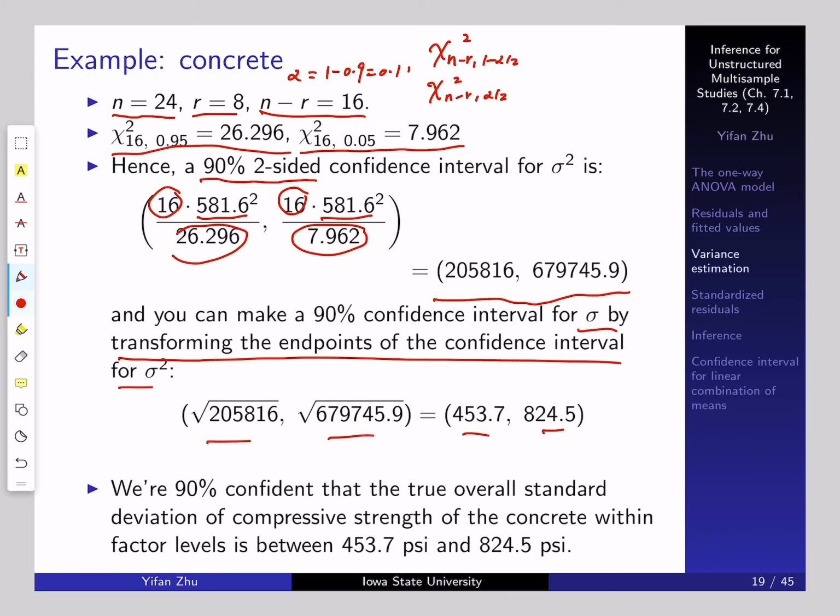And we are 90% confident that the true overall standard deviation of the compressive strength of concrete within the factor levels is between 453.7 and 824.5.